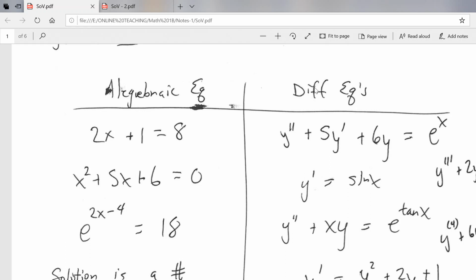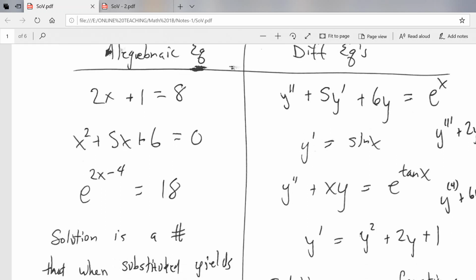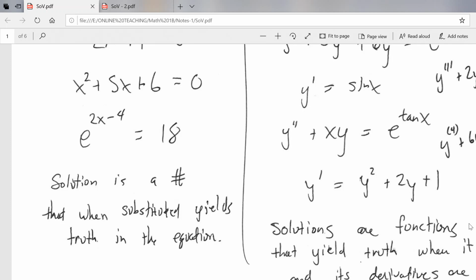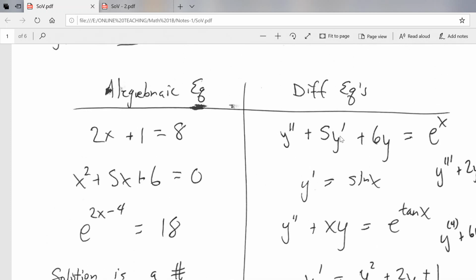The difference between a differential equation and an algebraic equation is that for a differential equation, the solutions are functions. So this is like, can you find me a function y so that when you take two derivatives of it and then one derivative of it and multiply it by 5, and then you just take the original function and multiply it by 6, and you add all of those together, it comes out to be e to the x.